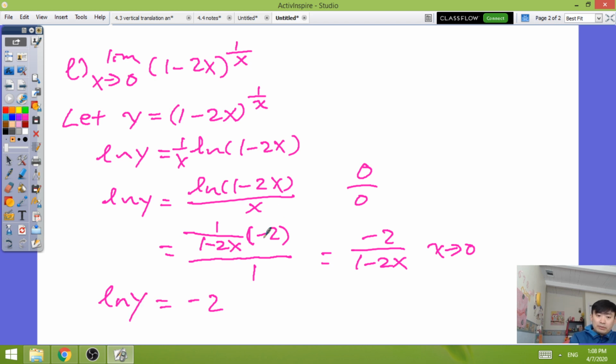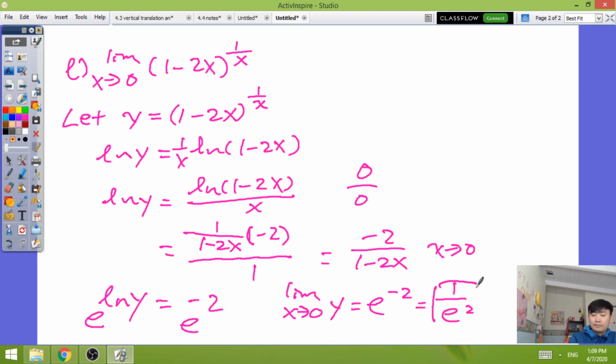So in other words, the limit as x approaches 0 for y, we take base e on both sides. That means the limit for the function is going to be the same as e to the power of negative 2. In other words, it's 1 over e squared. Okay?